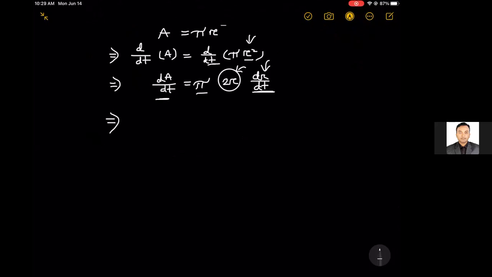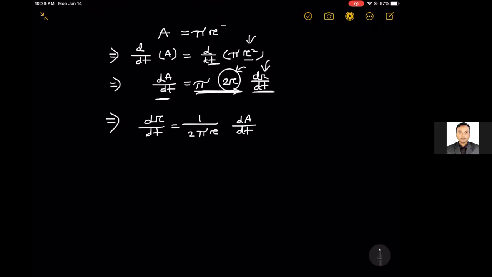So we want to get rid of this entire part, right? So if I want to keep dr dt on my left, I want to get rid of this. That means I'll divide both sides by that. So 1 over 2 pi r dA dt. I'm just doing algebra here, nothing else. No calculus here.